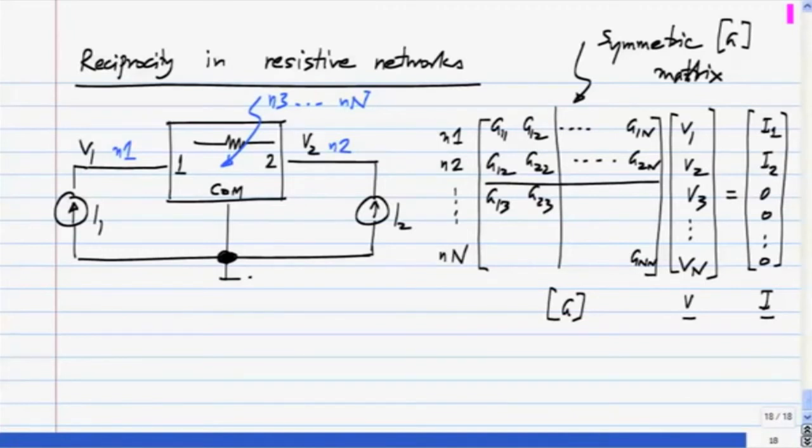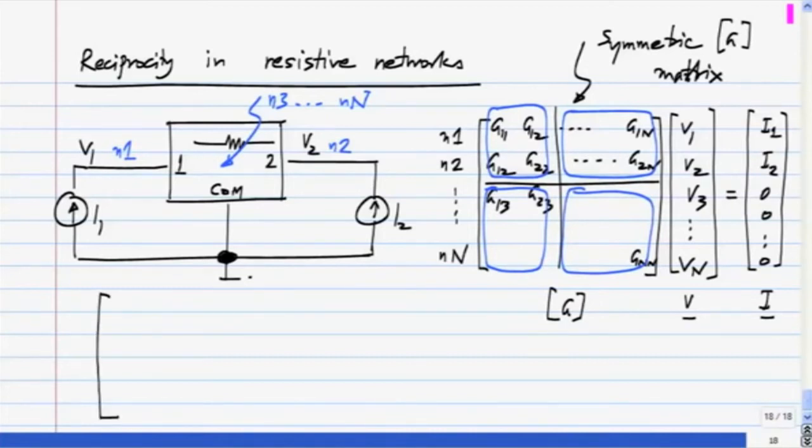There are 4 submatrices here, as you can clearly see: one, another one, another one here, and yet another one there. Let me write those as GA, GB, GC and GD.